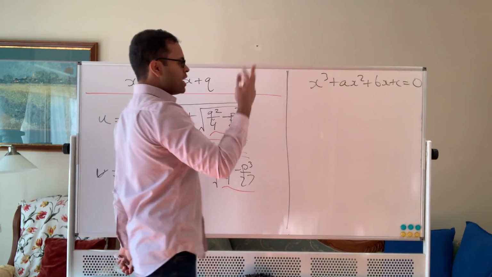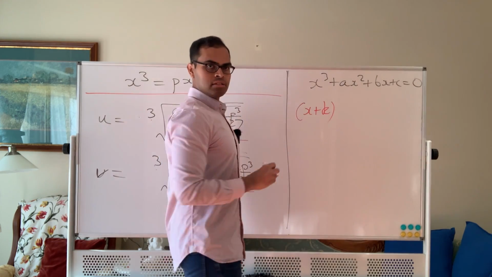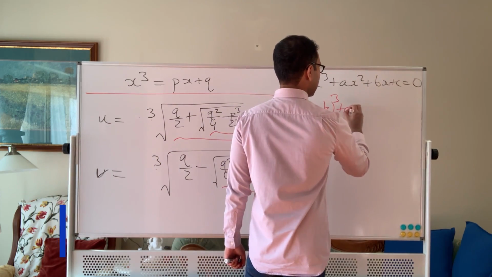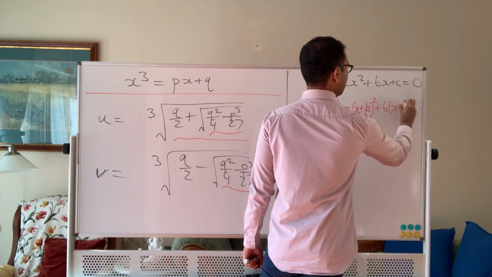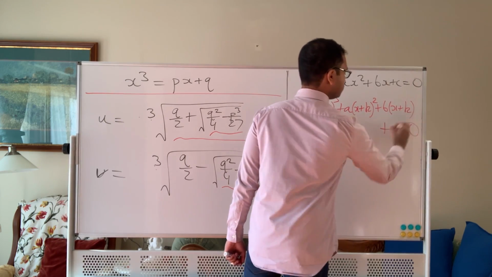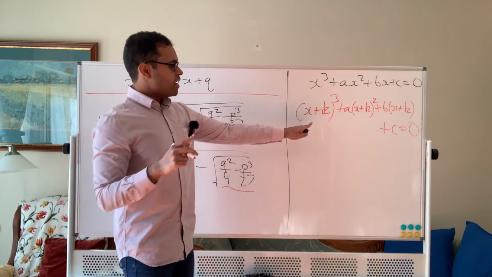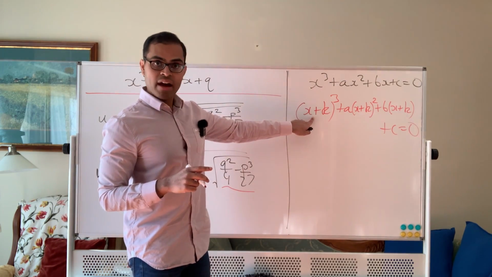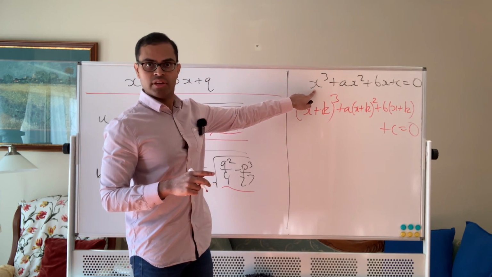So the idea is this. Let's replace x by x plus a constant k. Okay, so (x plus k) cubed plus a times (x plus k) squared plus b times (x plus k) plus c equals 0, where k is a constant. Here's what you observe. Whatever solution for x you have in this equation, if you subtract k from that, you'll get a solution to the original equation.